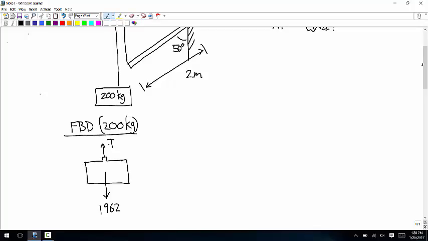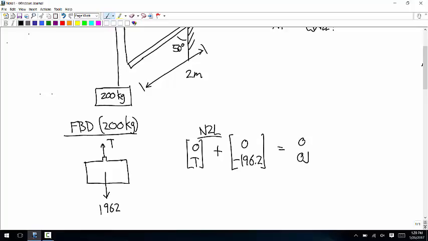I'll call that T. And so Newton's second law says 0 = T + 0 - 196.2, which is equal to zero. And so T is equal to positive 196.2 newtons.